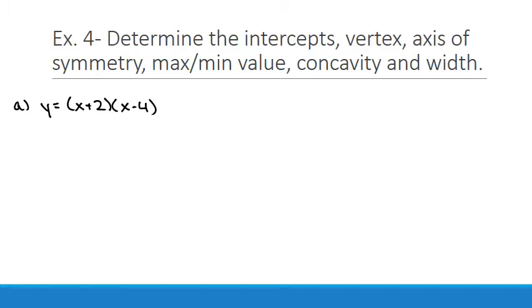Example 4. Now let's determine the intercepts, the vertex, axis of symmetry. So I'm determining properties. So let's start off with the intercepts. So I guess I'll say x-intercept first. For the x-intercepts, in factored form, my r value is going to be negative 2, my s value is going to be positive 4.